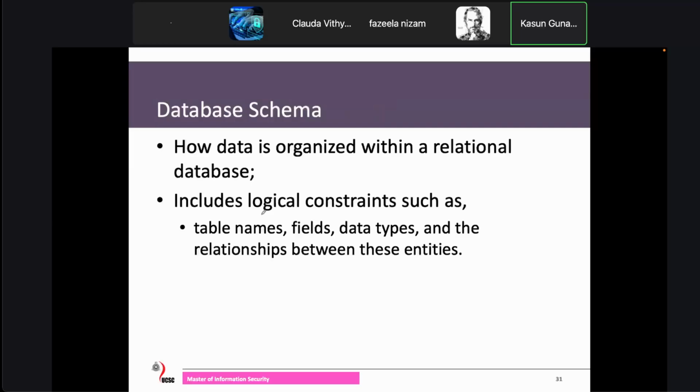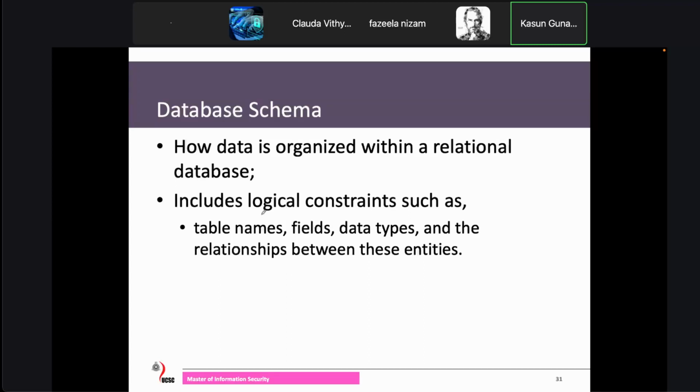It includes logical constraints such as table names, fields, data types, and the relationships and all these things. Database schema and database instance are two different concepts.